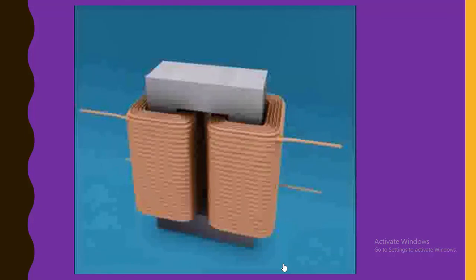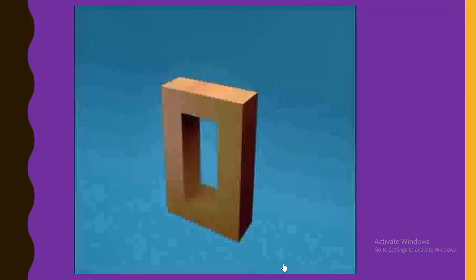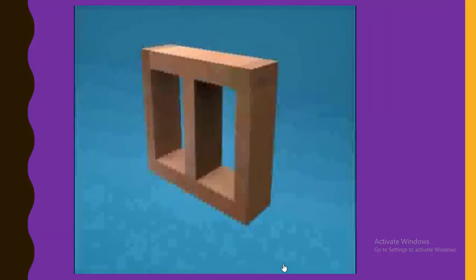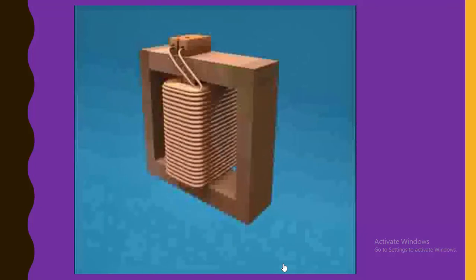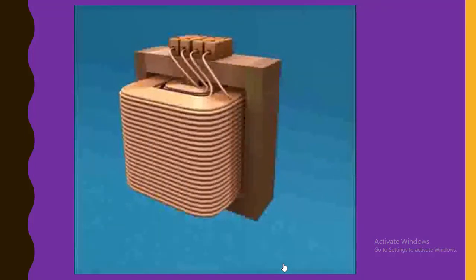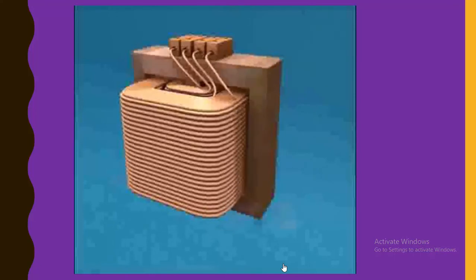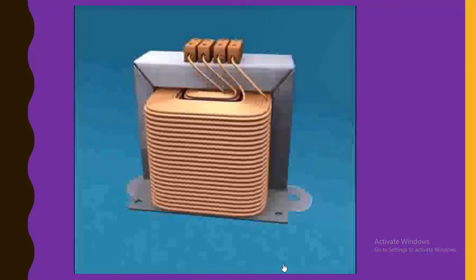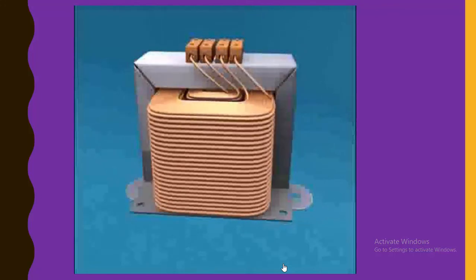This disadvantage can be overcome by constructing the core like this, in which the two windings are brought close to each other, thereby improving magnetic coupling between them. Hope now you have a little idea about the principle of working of an electrical transformer and about its construction.